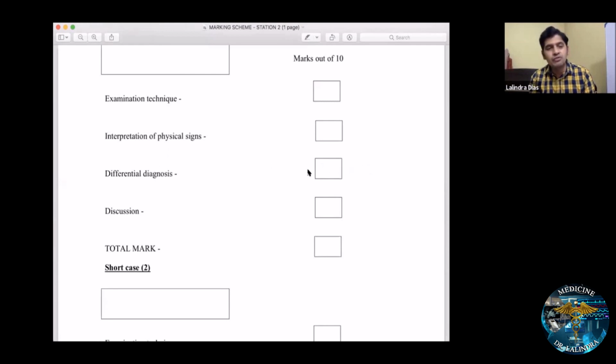So at the end of interpretation of physical signs or the sample presentation, for every short case that you get in the exam, under every system, I'm covering every possible short case, not a single short case left behind. And for every possible short case, I'm giving you sample presentations, how to present that in the exam.